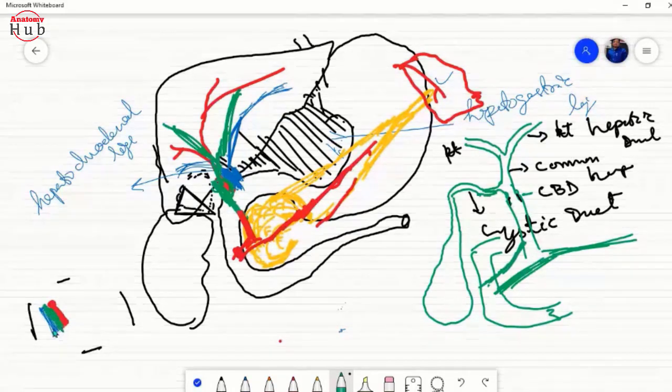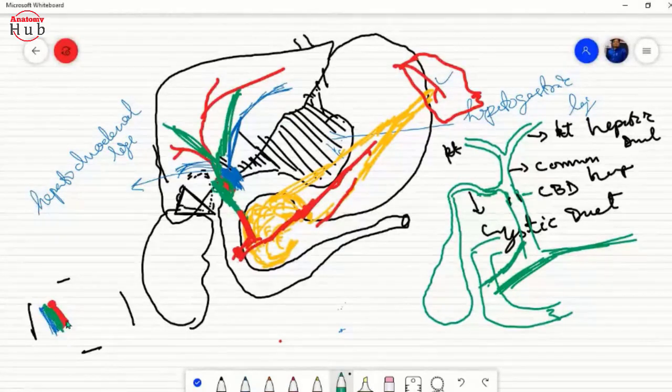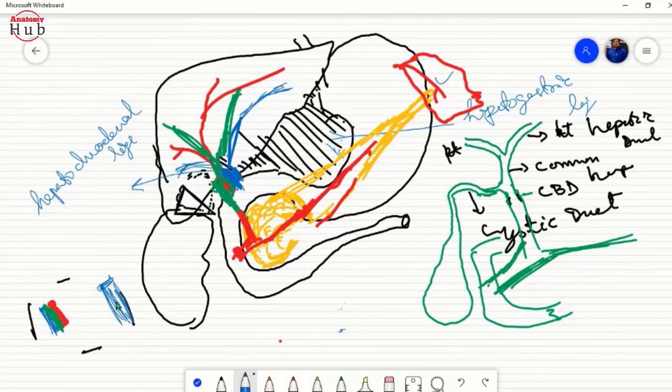So portal vein, hepatic artery, and the hepatic duct at the anterior side. At the posterior side, what will we find? At this posterior side, we'll find the inferior vena cava, just behind it. So here we'll get the portal vein, hepatic artery, and the bile duct.